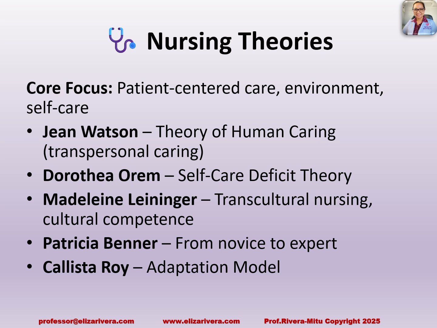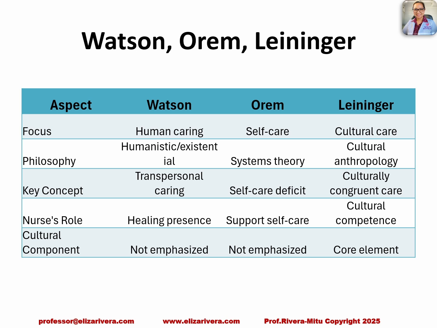Leininger is transcultural theory, which is understanding and respecting cultural differences in care. Roy is the adaptation model, which focuses on how individuals respond to environmental stimuli. These are essential in meeting BRN continuing education provider and holistic care standards.